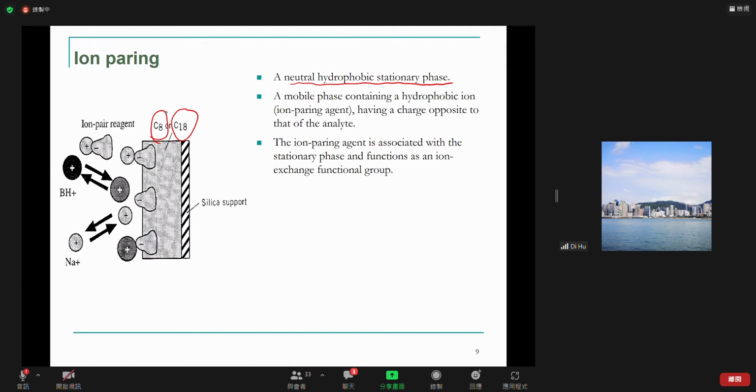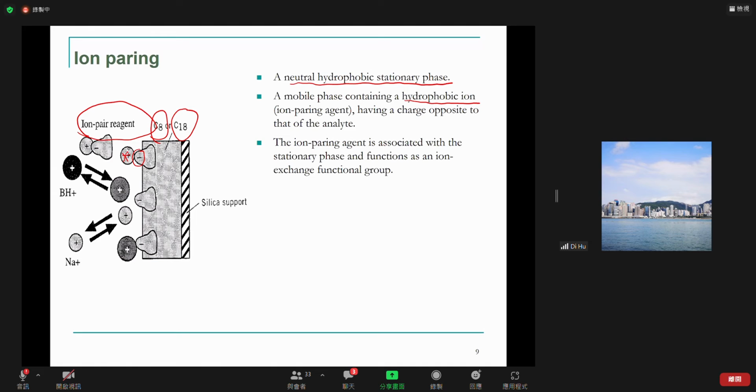How to do that? Because the stationary phase is hydrophobic, we need to add an ion pairing reagent into the mobile phase. This ion pairing reagent normally has a charged head and a hydrophobic tail, so it is often a hydrophobic ion. The head has the charge opposite to that of the analyte.